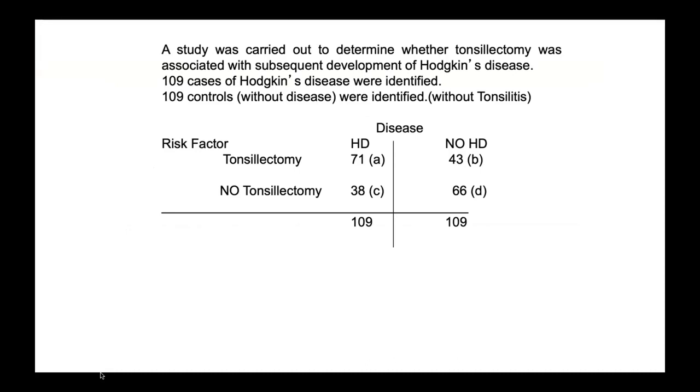A study was carried out to determine whether tonsillectomy was associated with subsequent development of Hodgkin's disease. 109 cases of Hodgkin's disease were identified, and 109 controls without the disease, but with tonsillitis. So what is your result?